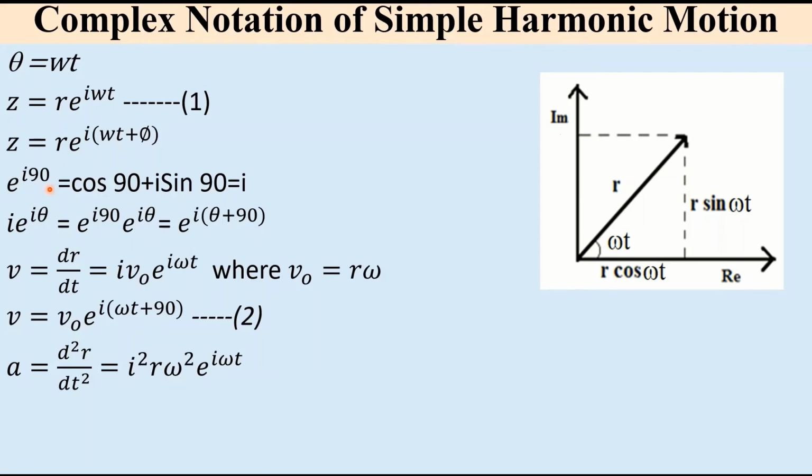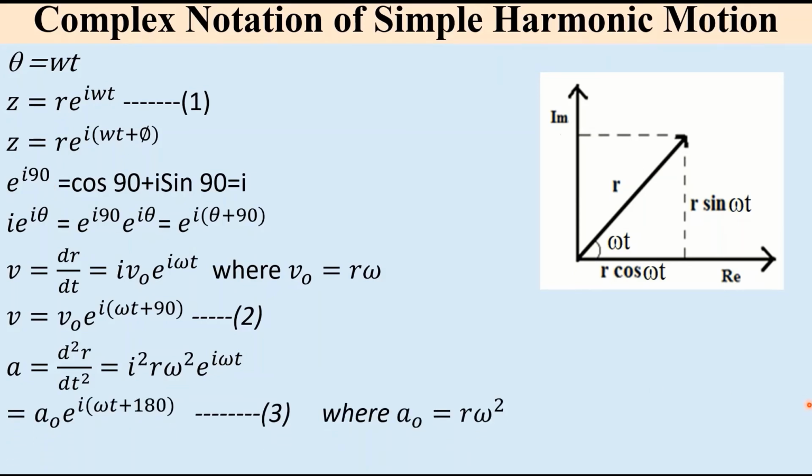So therefore we can write it as a is equal to a naught into e to the power i into omega t plus 180 degrees, where a naught is equal to r into omega squared. So thus comparing 3 and 1, we see that the acceleration is 180 degrees ahead of the displacement vector.